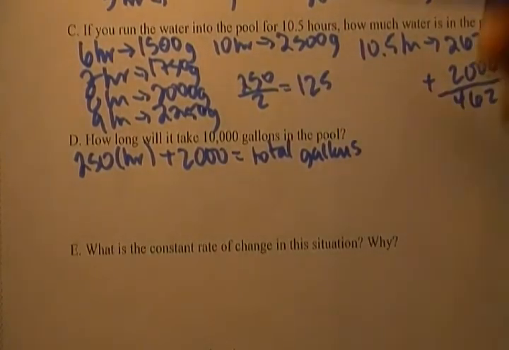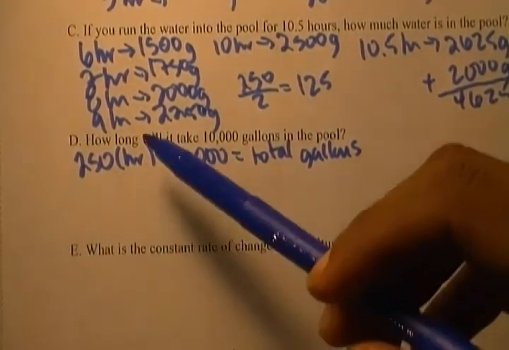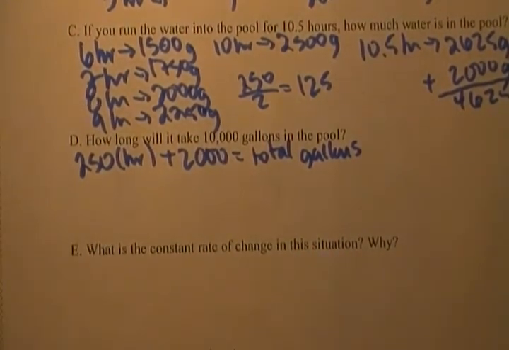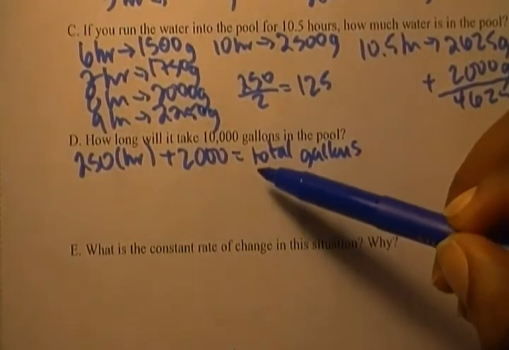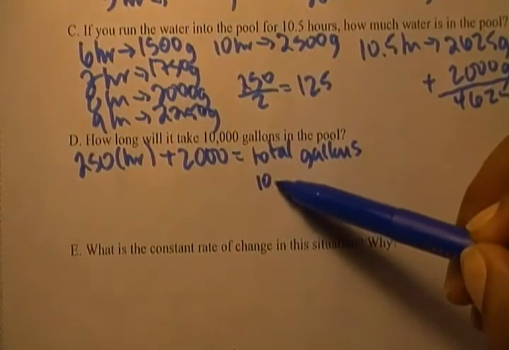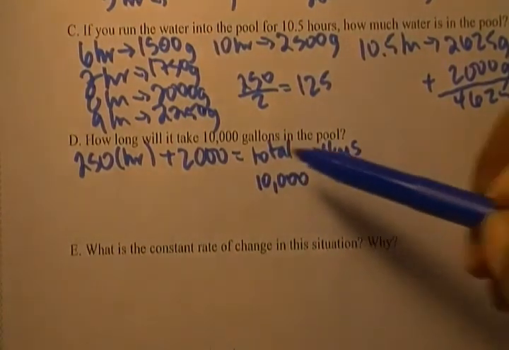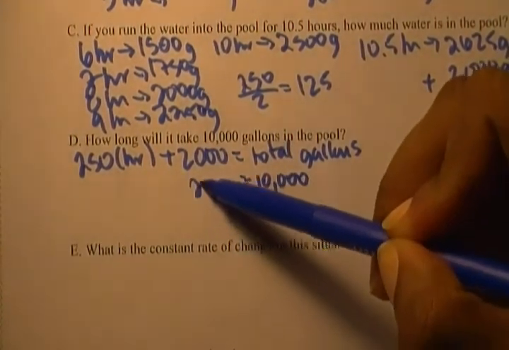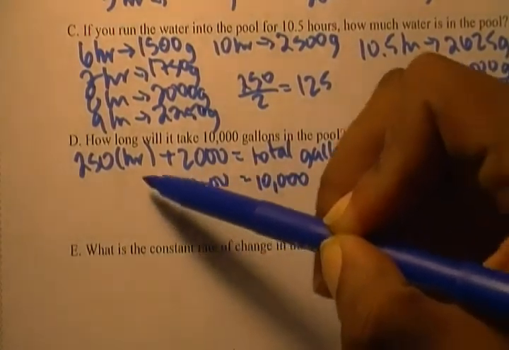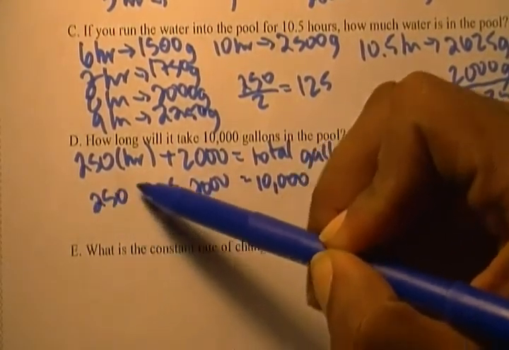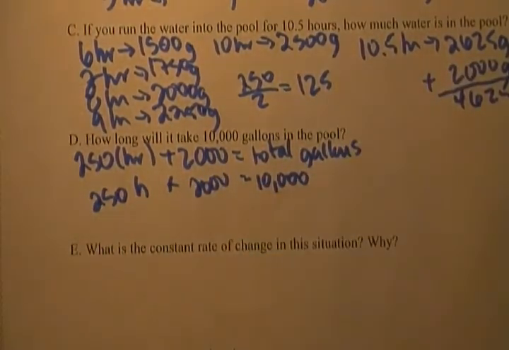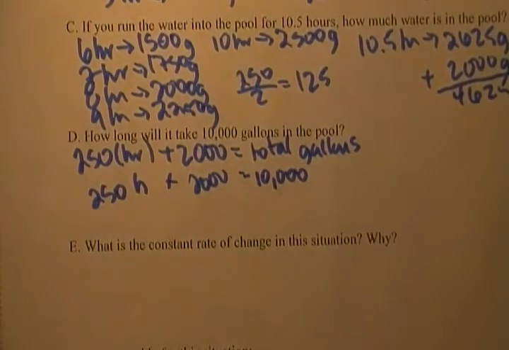So rather than trying to figure out how many by pumping in a whole bunch of hours, since I already know how many gallons there are in the pool that I want, 10,000 equals 2,000 plus 250 times H. H stands for the number of hours.